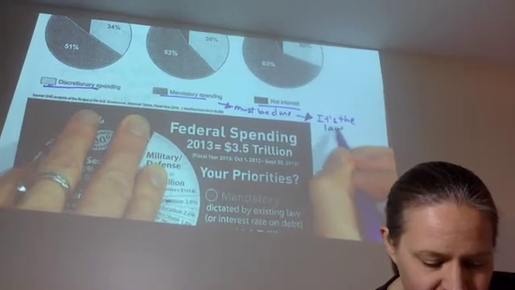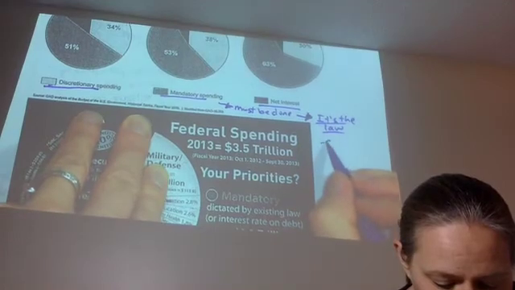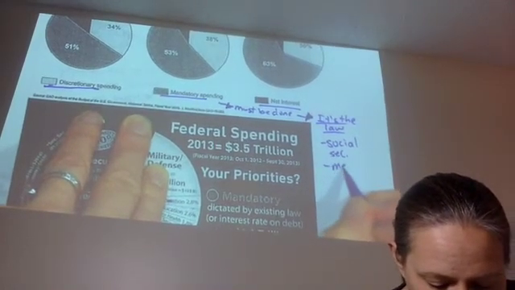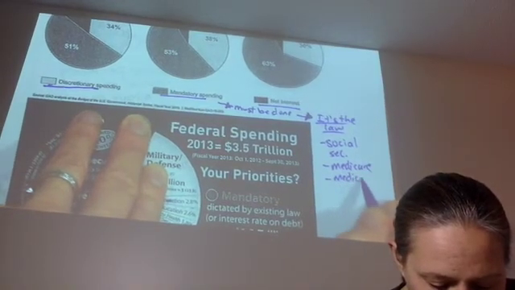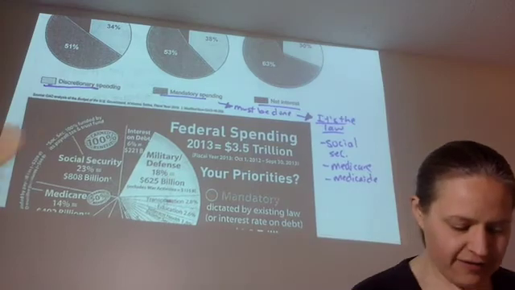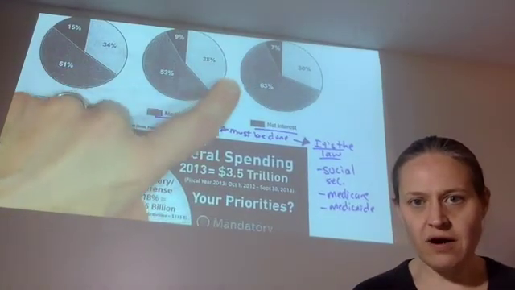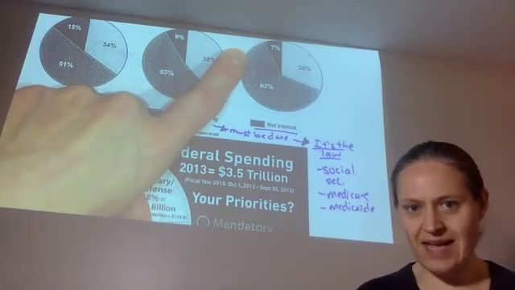So the government has certain laws about money that they have to spend, and the biggest parts of that are Social Security, Medicare, and Medicaid. So what that means is that a big part of what our federal government spends their money on is Social Security, Medicare, and Medicaid.